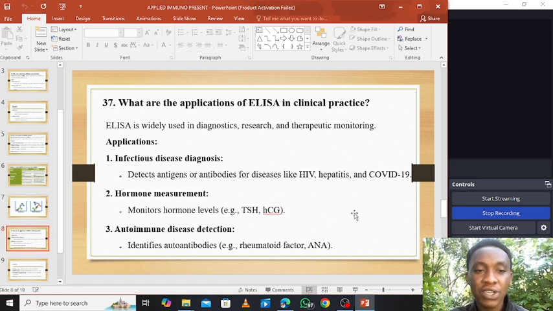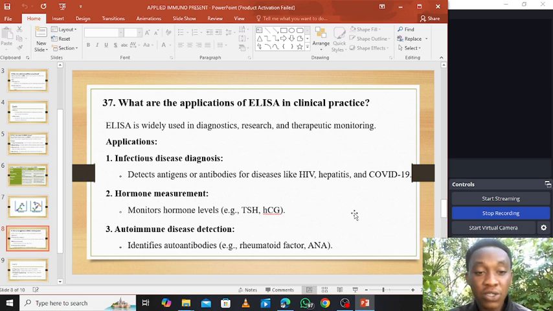The first application is infectious disease diagnosis, where ELISA detects antigens or antibodies for diseases like HIV, hepatitis, and COVID-19. The next application is hormone measurement, where ELISA monitors hormone levels, for example TSH and HCG, where TSH stands for thyroid stimulating hormone and HCG stands for human chorionic gonadotropin.